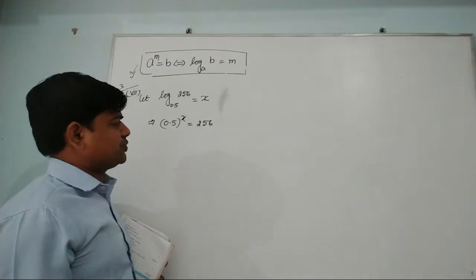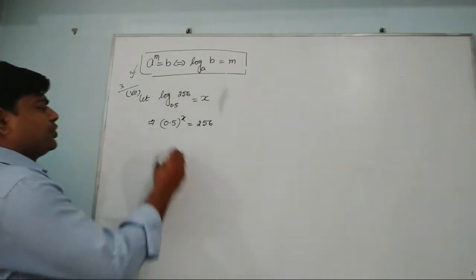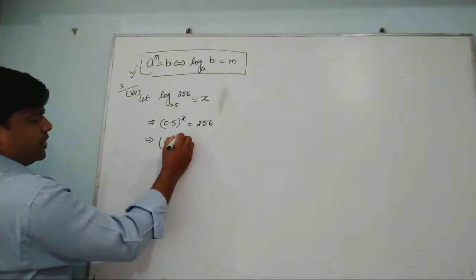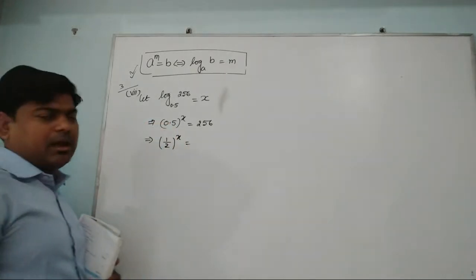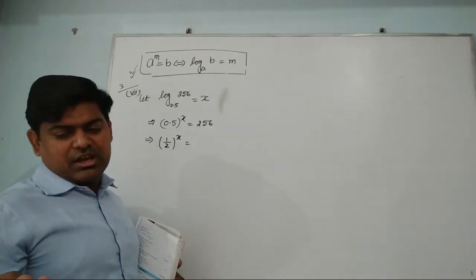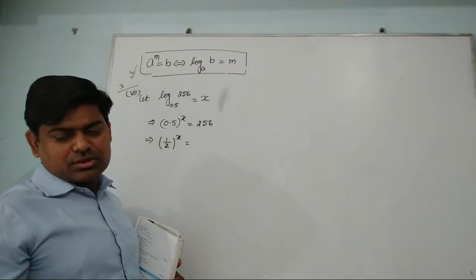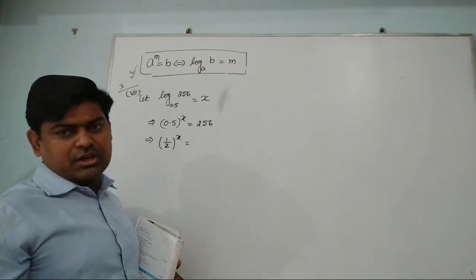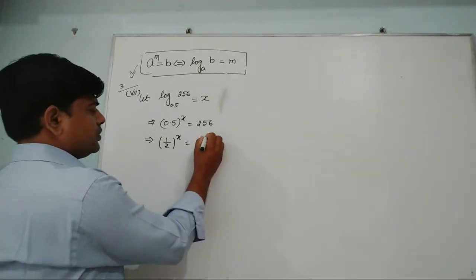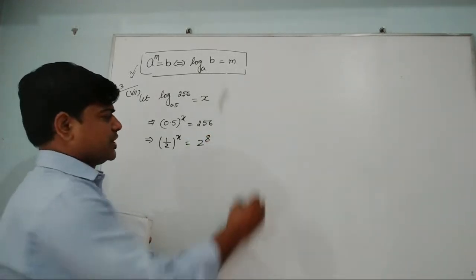One thing I want to do, and that will be a little bit easy for you. This one can be written as 1 upon 2 to the power x, and this one can be written as, 2, 4, 8, 16, 32, 64, 128, and then 256. So 2 to the power 8 I can write. Once again we can check how we have written it.